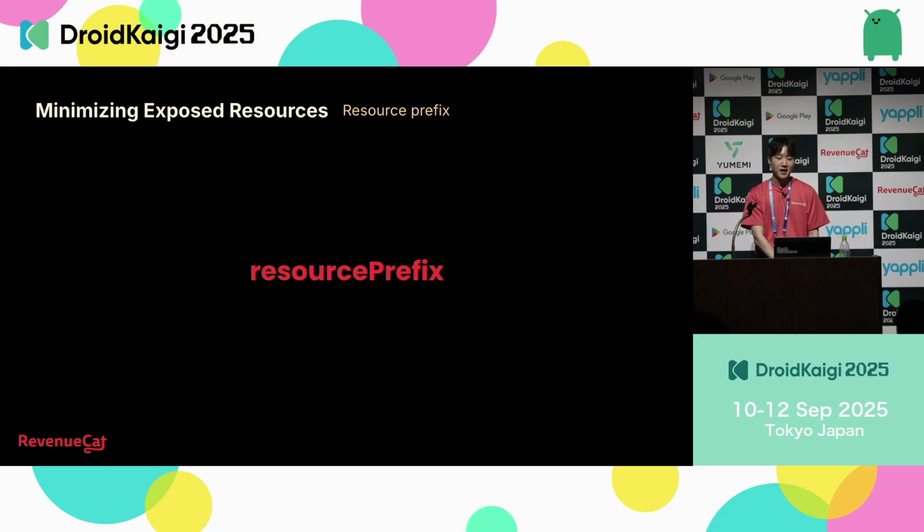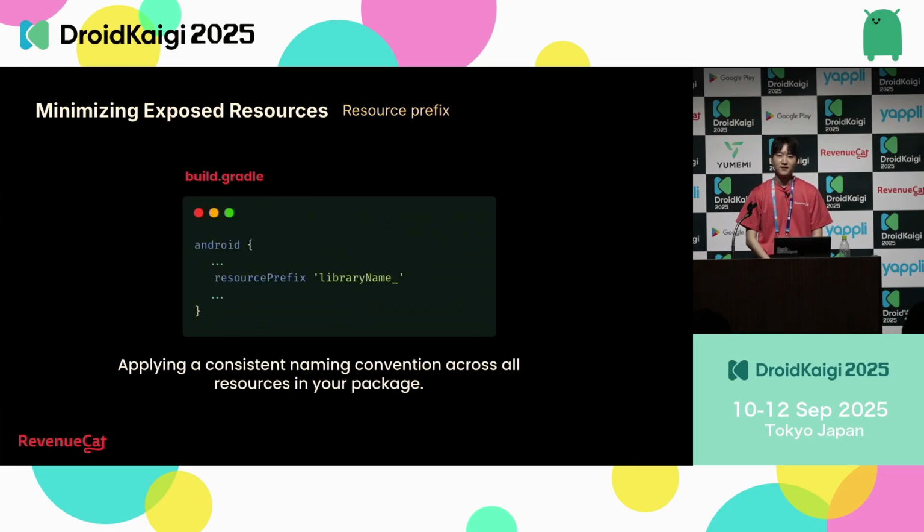To prevent this kind of issue, it's a great practice to set a clear naming convention for your library's resources. You can simply set the naming convention rule for your resources by adding the resource prefix in your Gradle file.